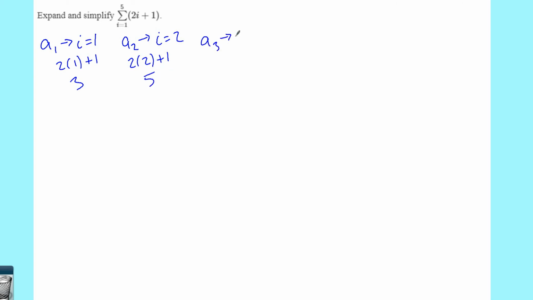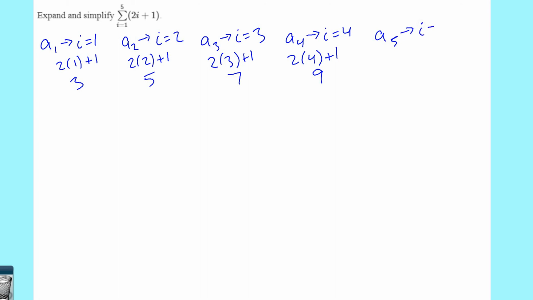Third term is when i equals 3. 2 times 3 plus 1, 6 plus 1, 7. Fourth term is when i is 4. 2 times 4 plus 1, 8 plus 1, 9. Fifth term is when i is 5.